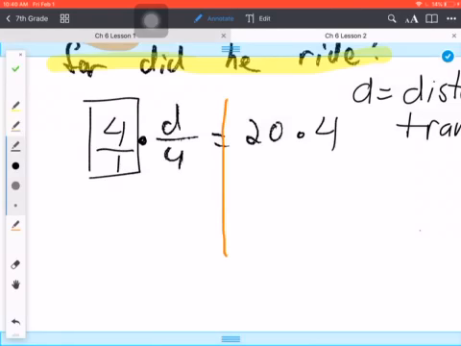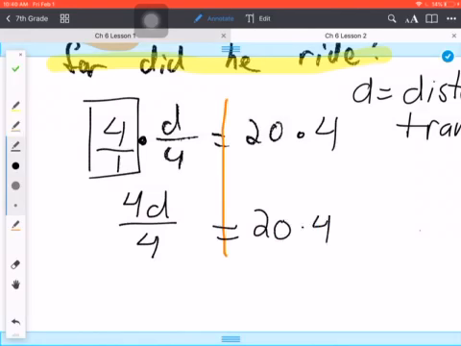Because now, when I multiply fractions, I multiply numerators together, so I have 4d in the numerator, and 1 times 4 in the denominator.